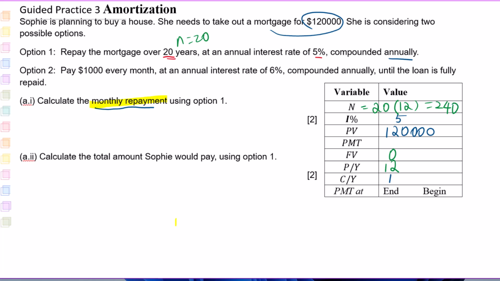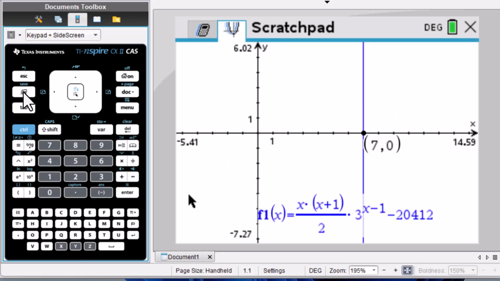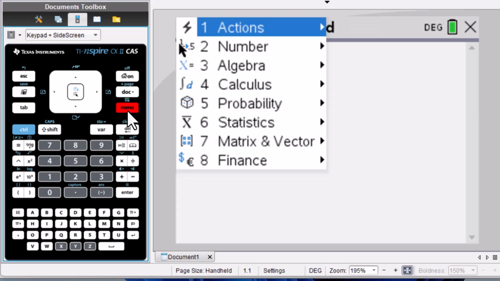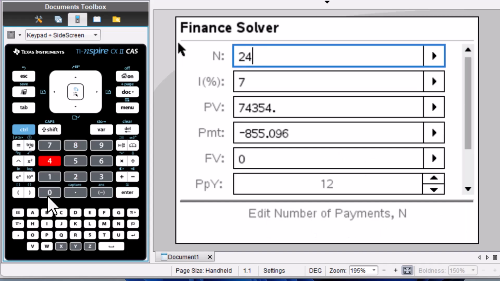If they didn't say monthly repayment happens at the end of each month or at the beginning of each month, default will be end. So we are looking for PMT. We click here to get a scratch pad, then go to menu, 8, enter, 240.